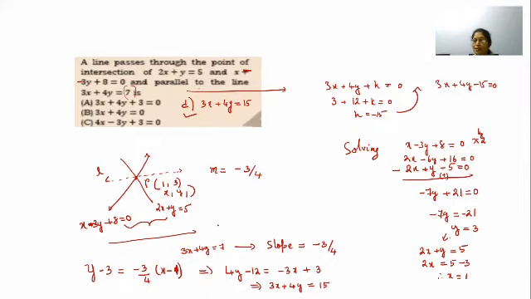I believe these are things you can recall and remember for a long time. A straight line through the point 3, 4 is such that the intercepts between the axes is bisected at A.